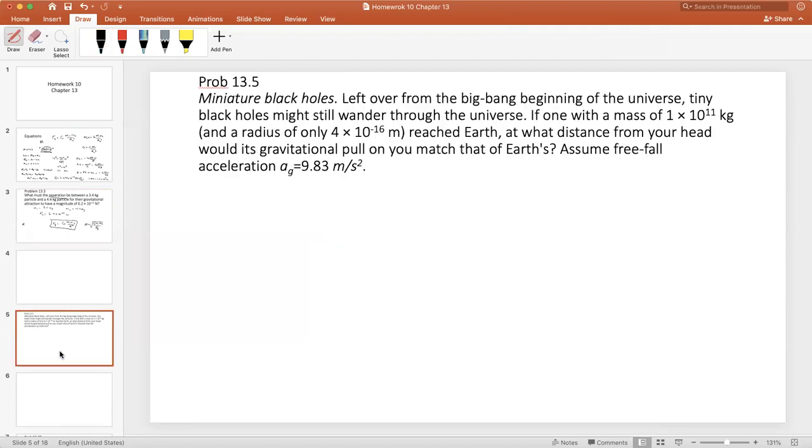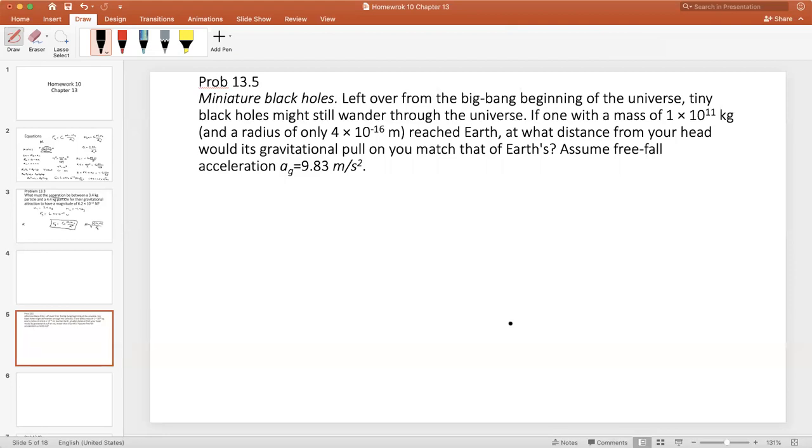All right, moving on. Miniature black holes. Left over from the Big Bang beginning of the universe, tiny black holes might still wander the universe. And if one had a mass of 1 times 10 to the 11th kilograms and a radius of only 4 times 10 to the minus 16 meters, which is extremely small, smaller than atoms.